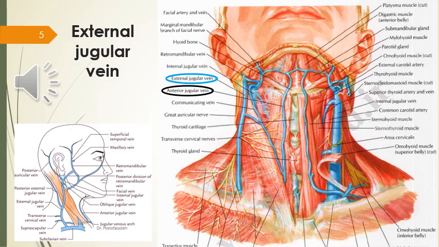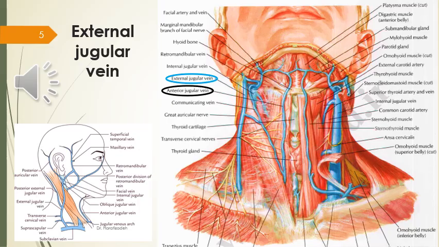Okay, the external jugular vein that you can find in this picture, I show you in the right picture with a blue circle. It is in the superficial fascia outside the sternocleidomastoid muscle. This vein is located on both sides of the neck, within or deep to the platysma region.